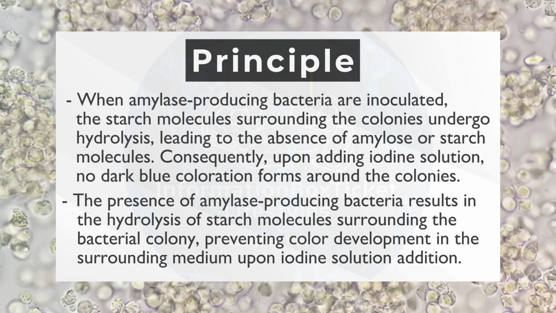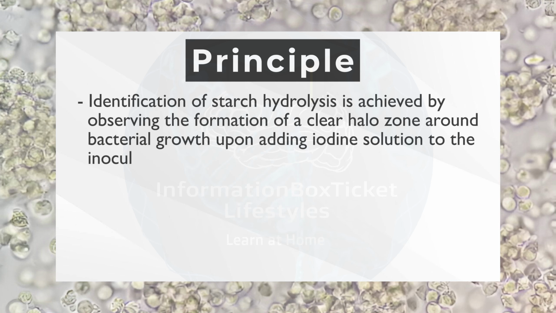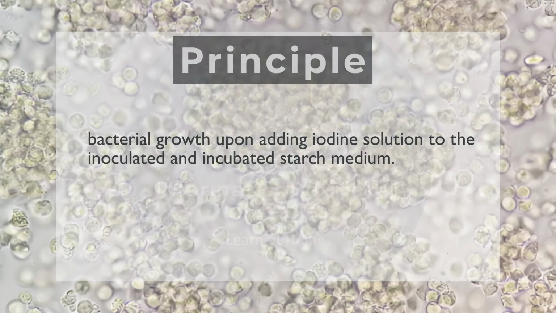The presence of amylase-producing bacteria results in the hydrolysis of starch molecules surrounding the bacterial colony, preventing color development in the surrounding medium upon iodine solution addition. Identification of starch hydrolysis is achieved by observing the formation of a clear halo zone around bacterial growth upon adding iodine solution to the inoculated and incubated starch medium.